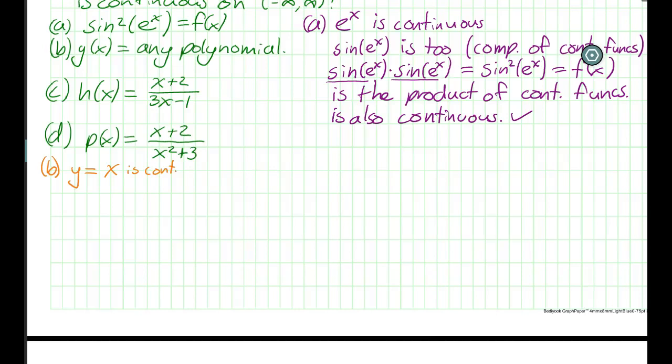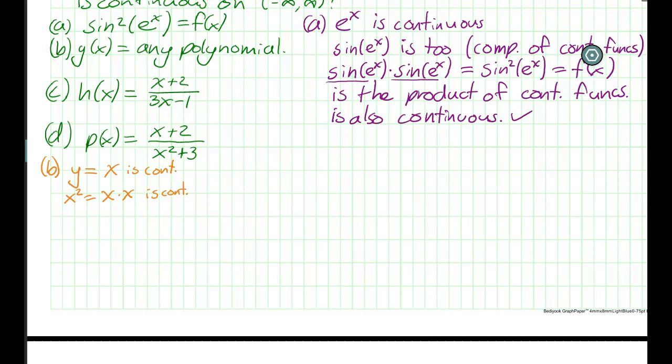And what does that say about y equals x squared, or just f of x equals x squared? Well, x squared is x times x. So that means x squared is the product of two continuous functions. So that's going to be continuous too.